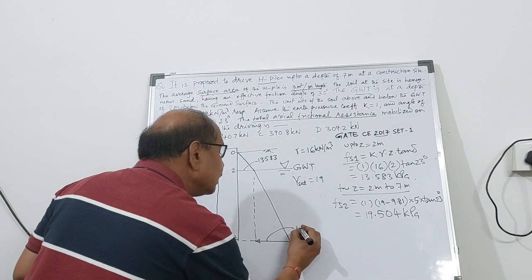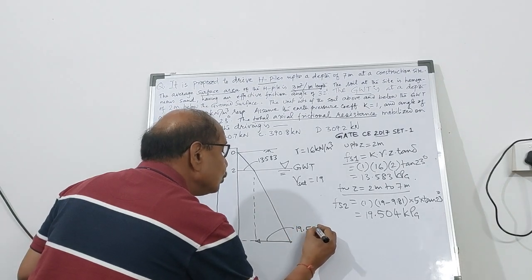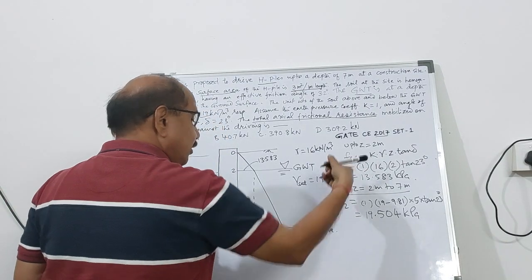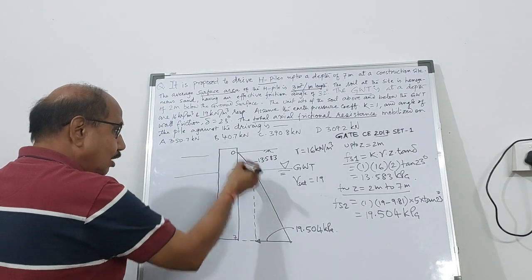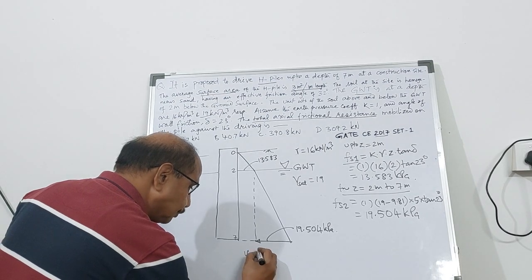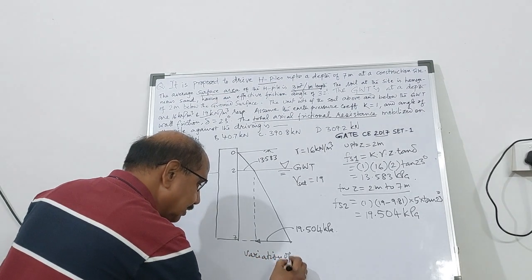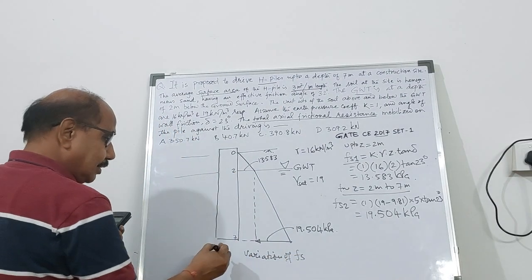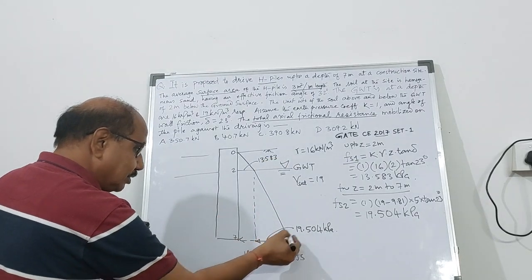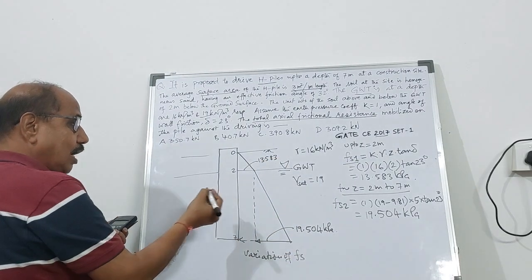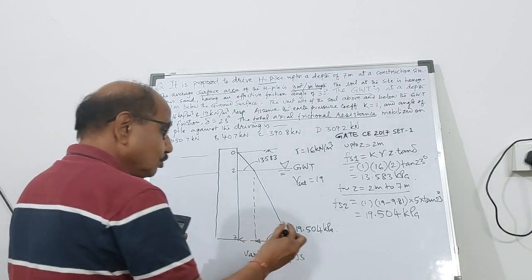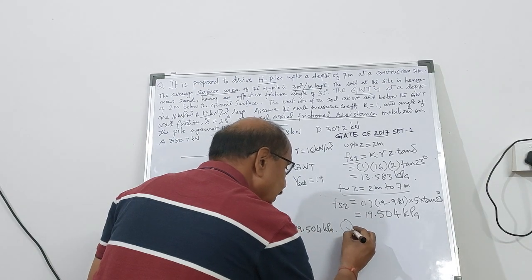From this expression you can find it. So this is how the unit skin friction Fs varies: this is going to be 13.583 and this is going to be 19.504.